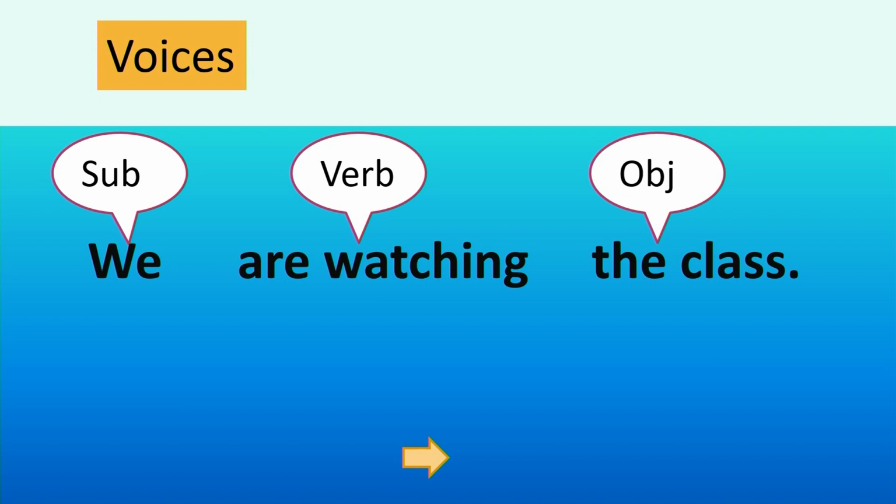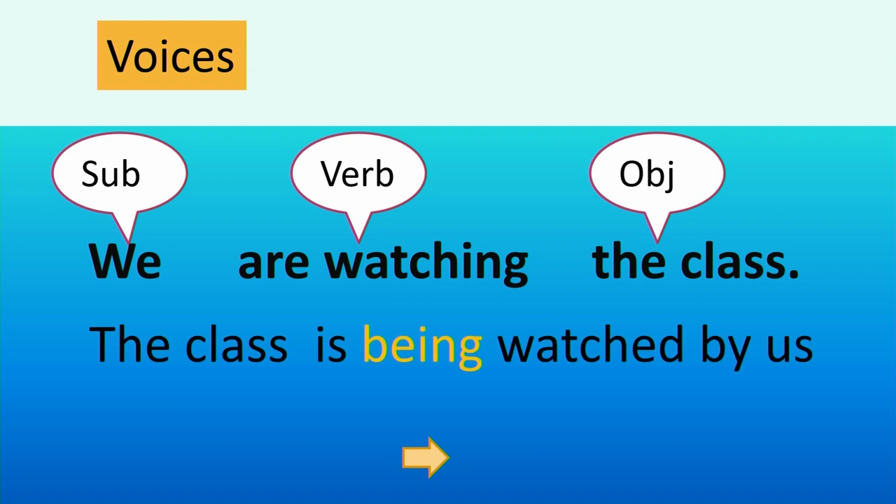To change this sentence into passive voice, the object comes into the subject place. Now, the object is the class. Very good. Here, the class is a singular noun. You should remember this. And we should use a singular verb here. The class is.